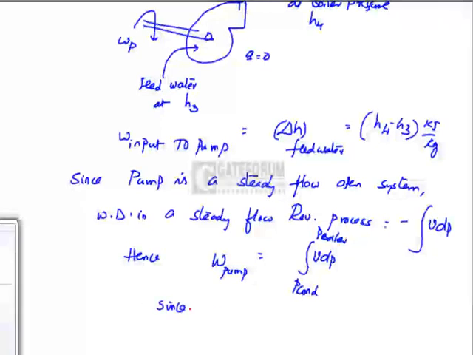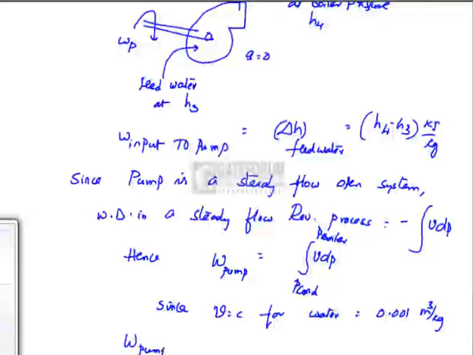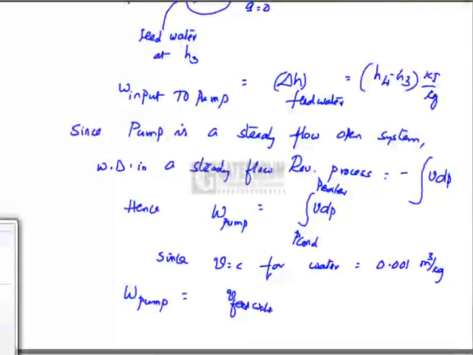Since V is constant for water, which is equal to 0.001 meter cube per kg, because water is an incompressible fluid, work of pumping can be calculated as V of the feed water into boiler pressure minus condenser pressure.